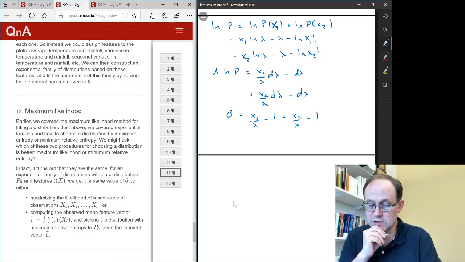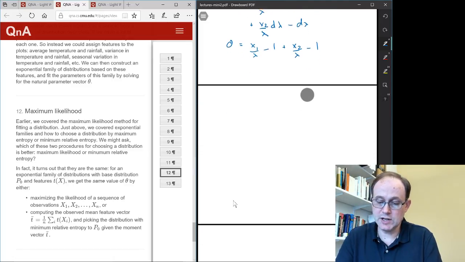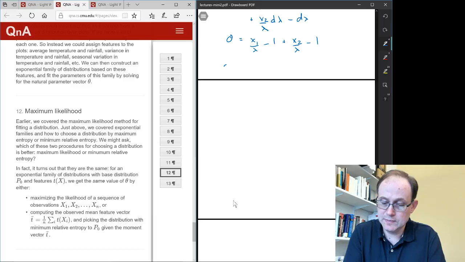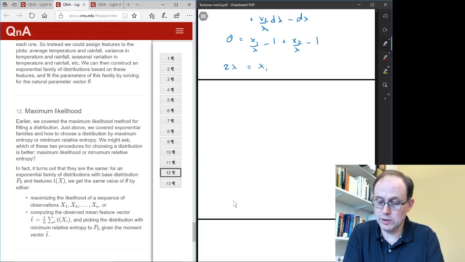Those both have to be 0. And then we can rearrange, move the 2 over to this side, multiply through by lambda, and lambda is equal to x1 plus x2 over 2, right?